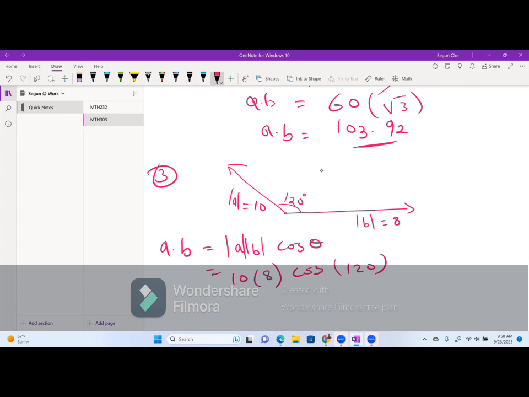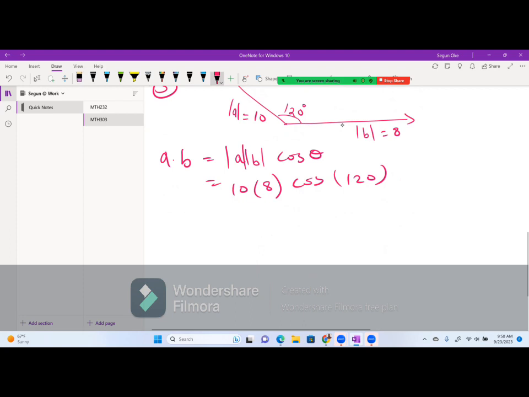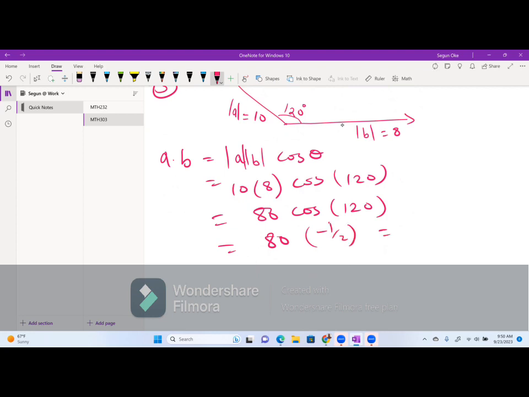I know cos 120, according to the quadrants, gives us a minus. We have 80 cos 120, which is 80 multiplied by negative 1/2, which is minus 40. That's A dot B.